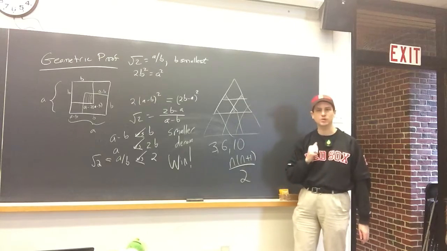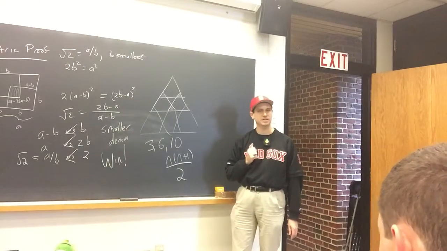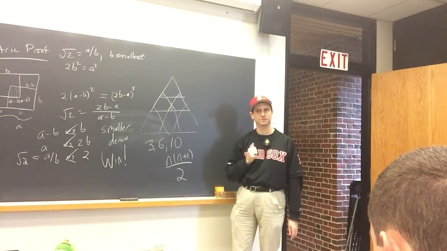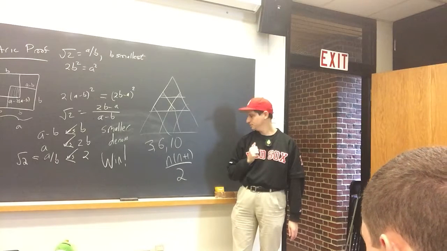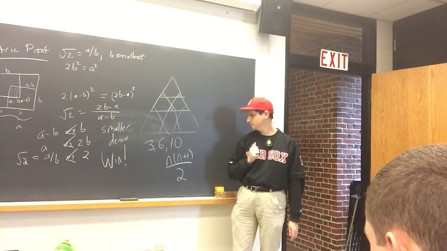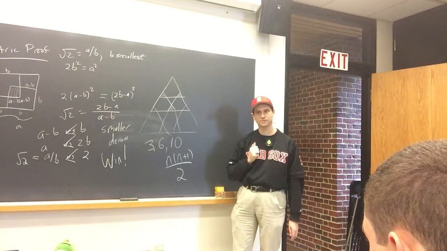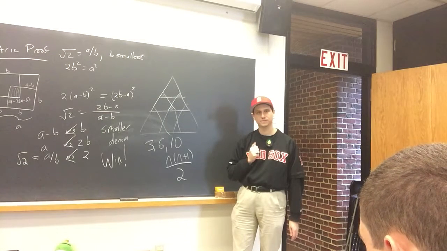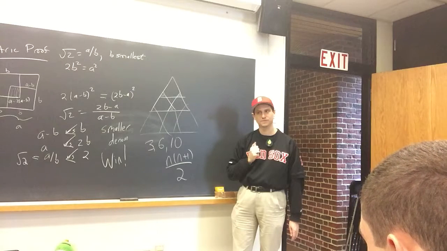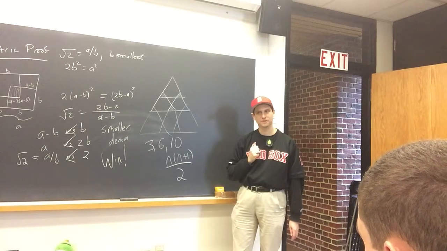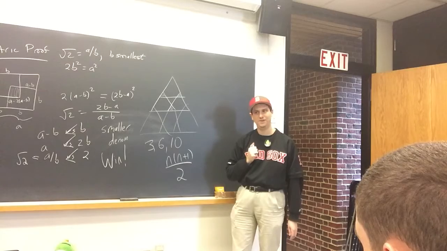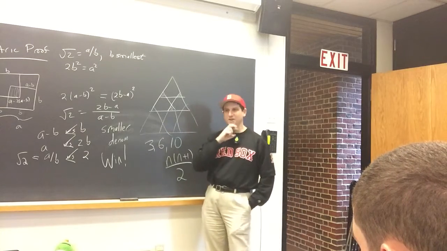Do you think I should be able to show every triangle number has an irrational square root? What do you think? Except for that 1. Yeah. Except for 1.